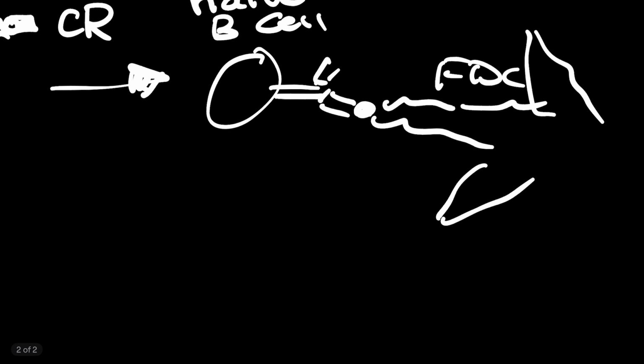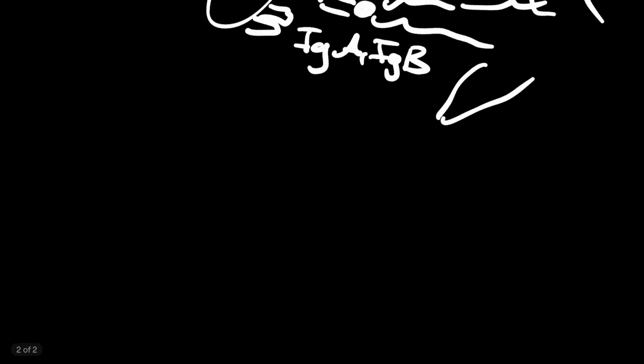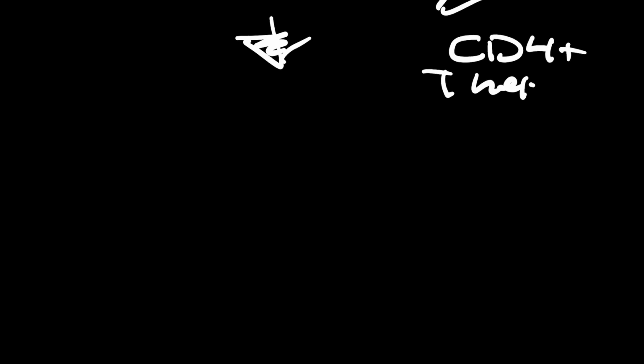Once it binds, it'll send a signal through these two guys, so IgM or IgA and IgB. Signal 1. After its initial signal, it'll find a T follicular helper cell. T follicular helper cells are CD4 positive T helper effector cells.